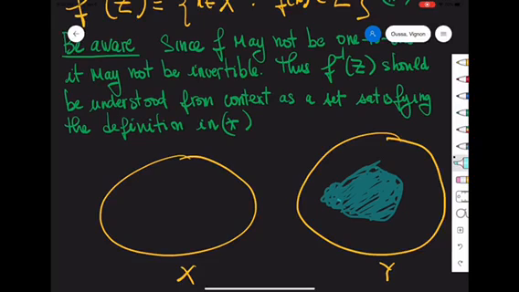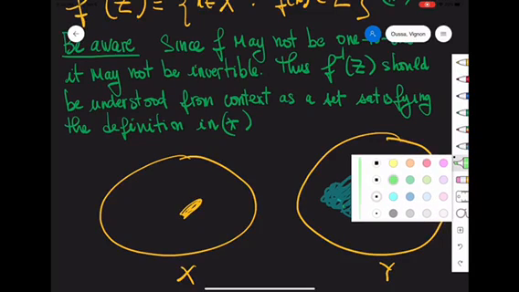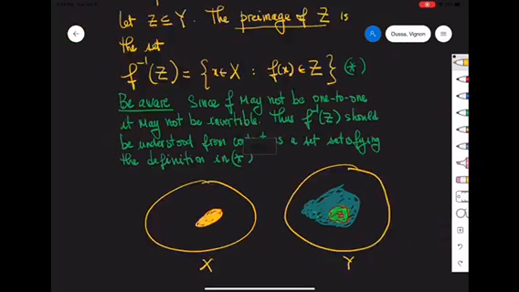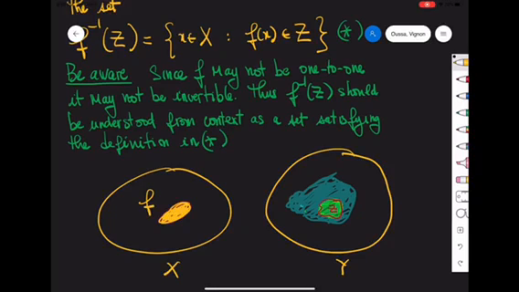And inside the codomain, let's suppose we have a subset here, and this is Z. Now the preimage of Z will be the set f inverse of Z here, such that every element in here is mapped to an element in Z. That's what the preimage of Z is.